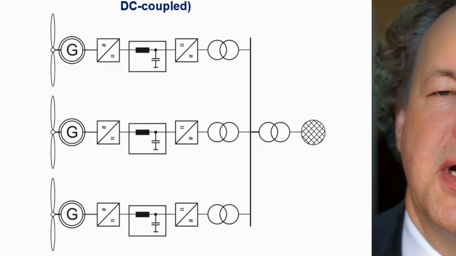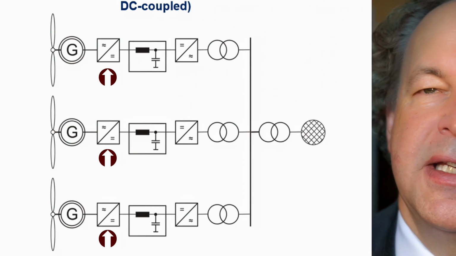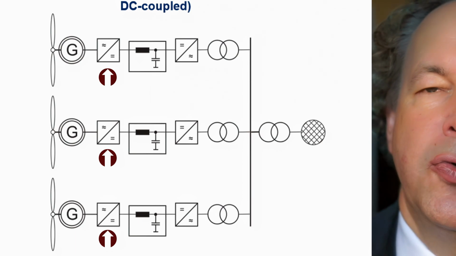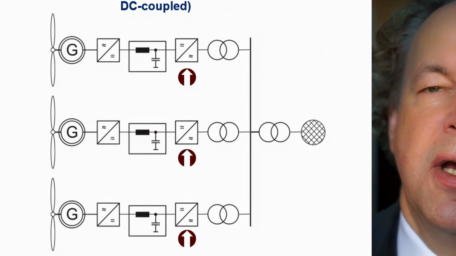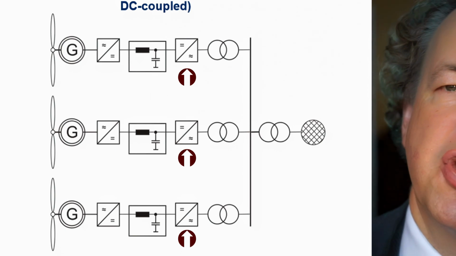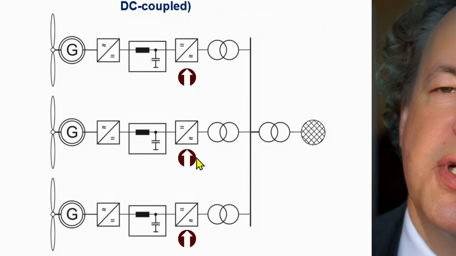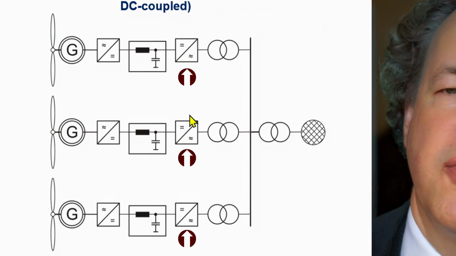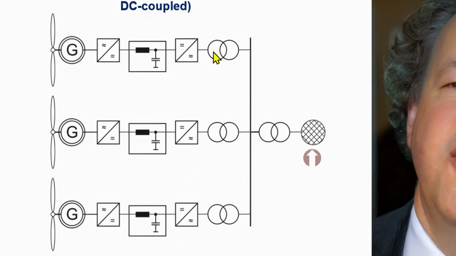This has a changing frequency, so you cannot directly inject it into the grid. First you rectify it, make DC power out of it, and then you create AC which is synchronized to the grid at a constant frequency. This is shown at these units here. So this is an inverter, as you know from the photovoltaic section, and feeds into the grid.